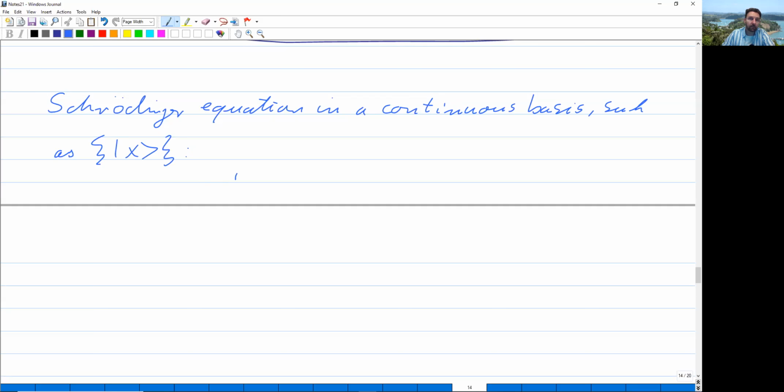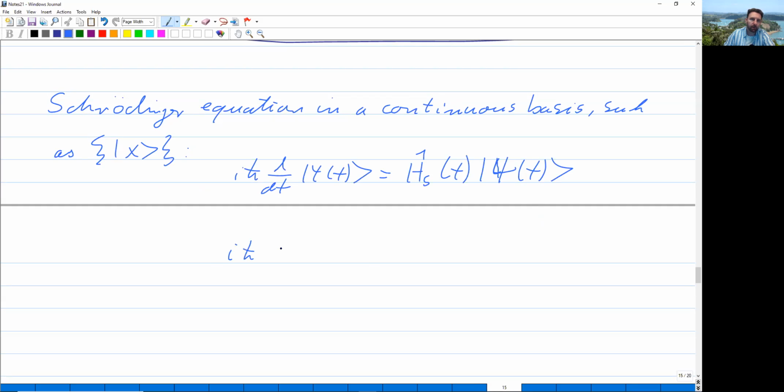Well, we start again with the abstract Schrödinger equation, i h bar d by dt psi of t equal to the Schrödinger Hamiltonian acting on psi of t. And then we apply x from the left.